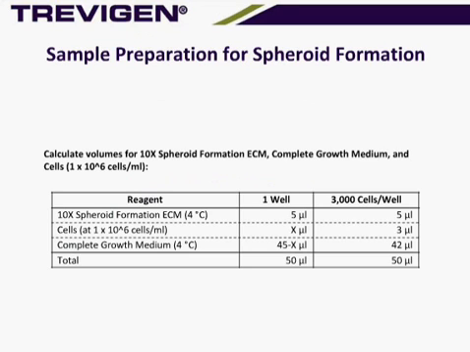So first we'd start out just calculating volumes for our 10x spheroid formation ECM, our complete growth media. So this is growth media used in cell culture, which includes your fetal bovine serum and any other media additives that are needed for your cell of choice, and the cells at 1 million cells per mil.